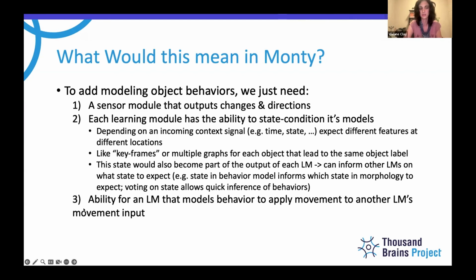And then third would be to give a learning module the ability for the behavior to apply movement to another learning module's movement input, which is the one that's still the most unclear in my head of how it would happen in the neocortex and how it would happen in Monty. But basically, how do we apply a behavior to a morphology? This kind of idea of applying movement to the morphology model's reference frame.